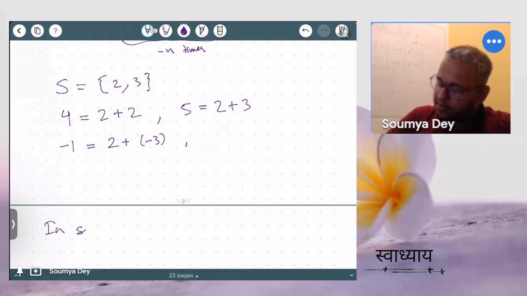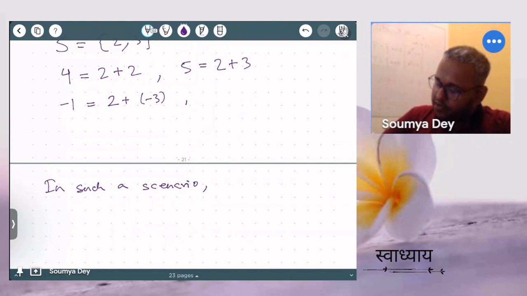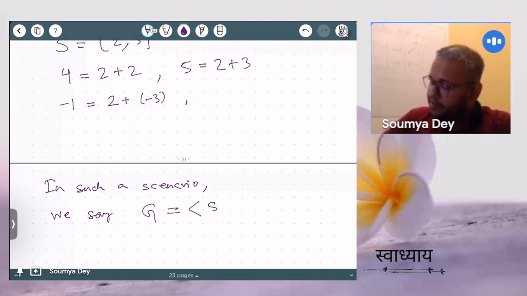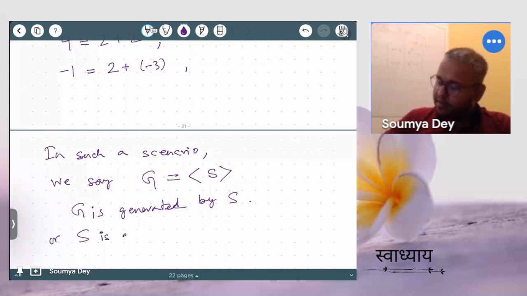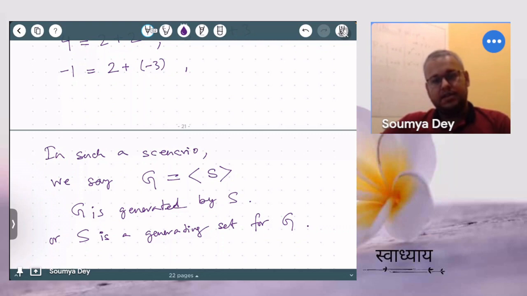So in such a scenario, we say G is generated by S, or S is a generating set for G. Now, when do you say a group is finitely generated?